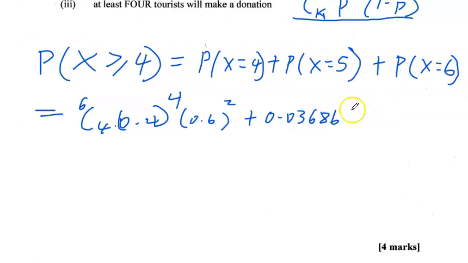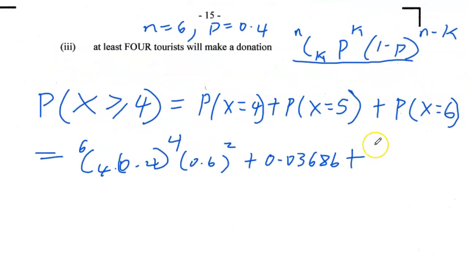And the probability X equal to 6, again using the formula, is 6 choose 6, p which is 0.4 to the power of 6, times 1 minus 0.4, that's 0.6, to the power of 6 minus 6, which is 0.